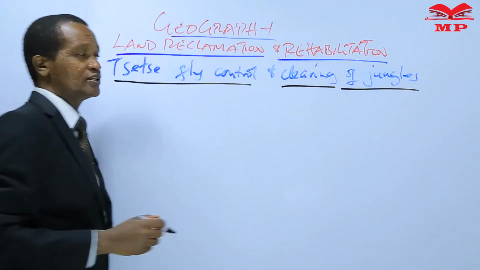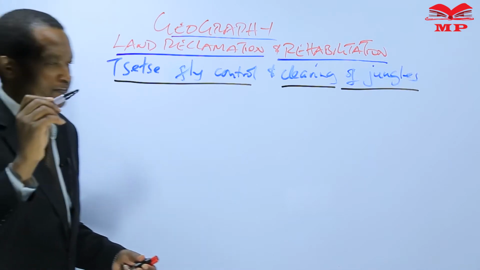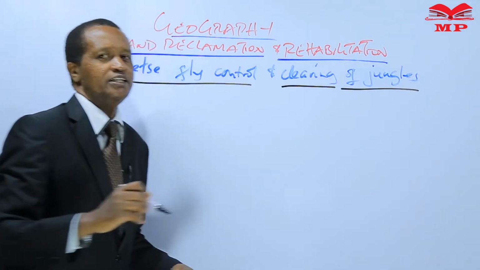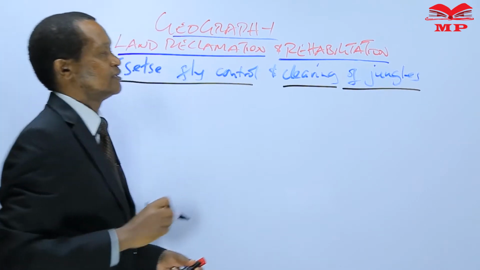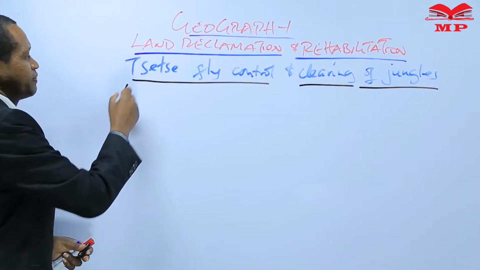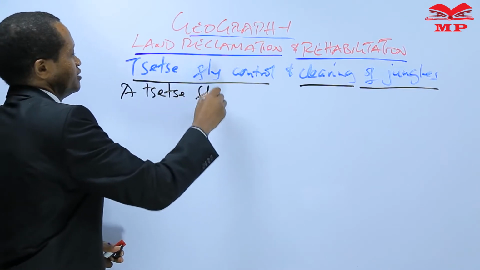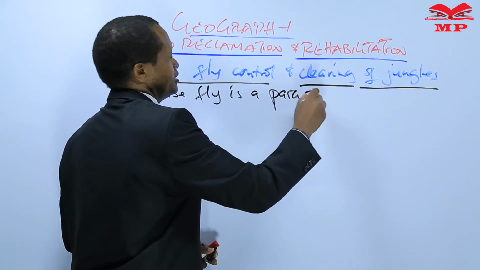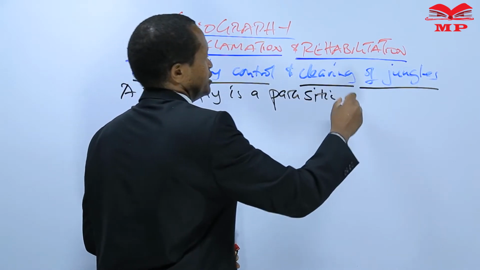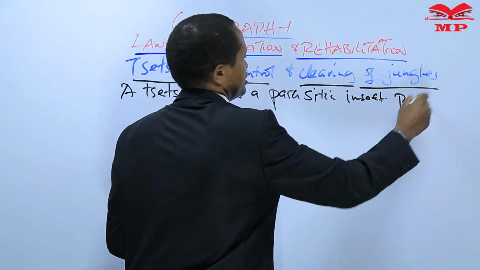Now, learners, fly is a parasitic insect pest.